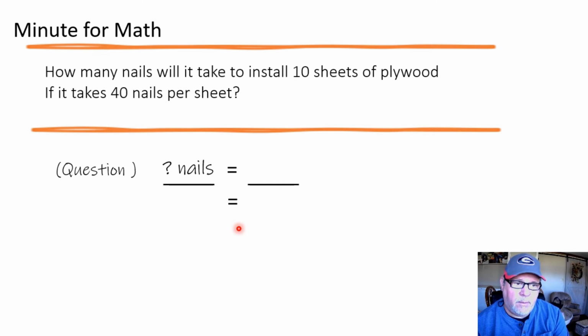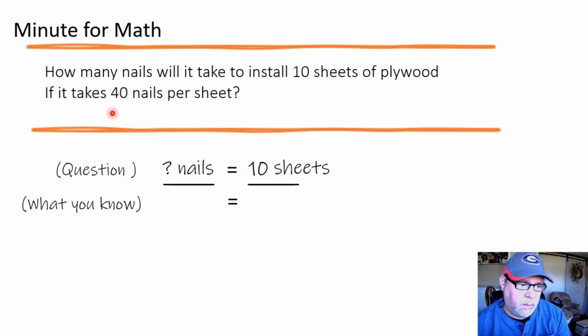Boom, right there. Will it take to install 10 sheets of plywood? So that's going here. So here's the question: how many nails for 10 sheets of plywood? And this is what we know. It takes 40 nails a sheet. So we're going to say 40 nails.